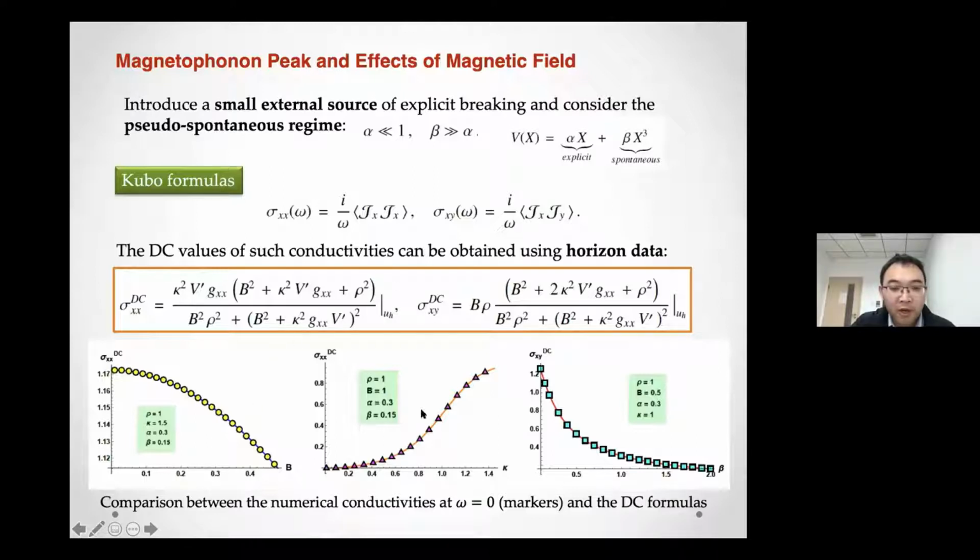Here we give some examples. The curves are from these formulas, and the dots are from the optical conductivity. We choose a very small frequency. You see they match each other quite well.